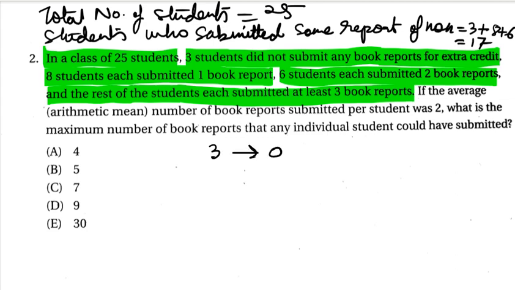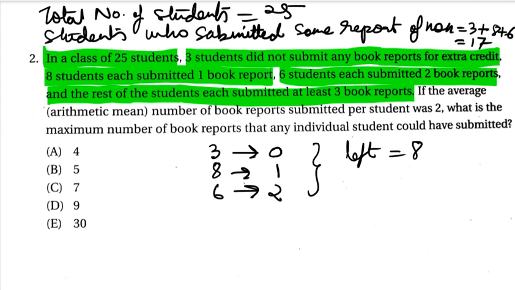Then 8 of them submitted 1. Then 6 of them submitted 2. Now the rest, we are left with 8 more students, right? We are left with 8 students.